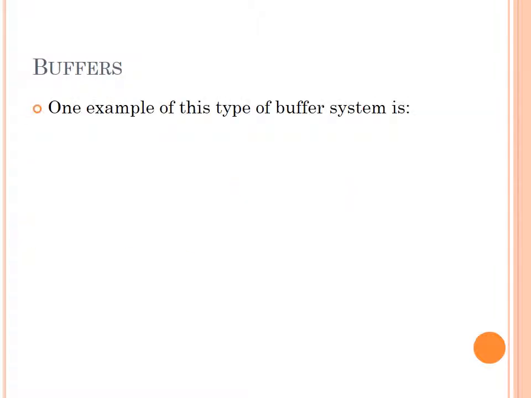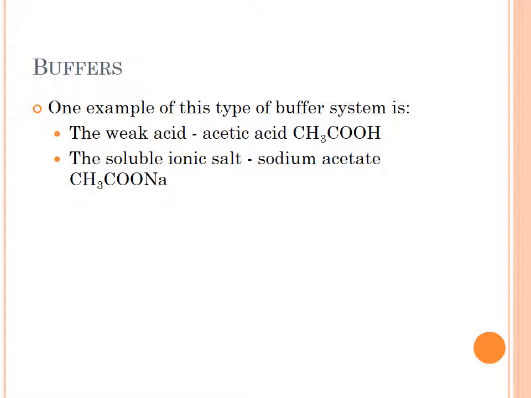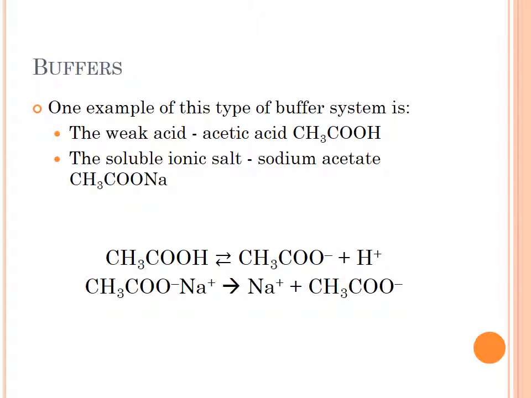So one example of this type of buffer system is a weak acid like acetic acid and a soluble ionic salt of its conjugate base, sodium acetate. If we look at that particular example in a little bit more detail, we've got acetic acid in equilibrium with the acetate ion and a hydrogen ion.